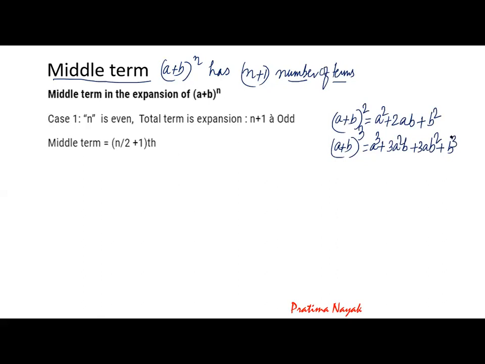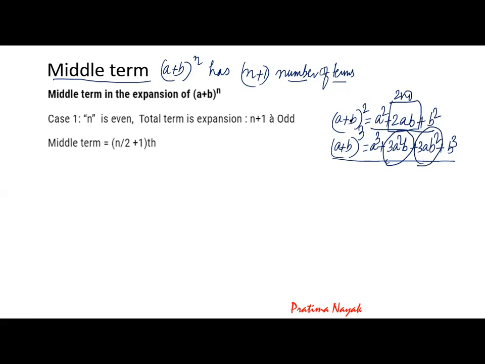That means if we are expanding A plus B to the power n using the binomial theorem, it has n plus 1 number of terms. So what will be the middle term in the first case? Here the middle term will be 2AB, so the second term is the middle term. But when we expand the cube, there are 2 middle terms: one is 3A square B, one is 3AB square.